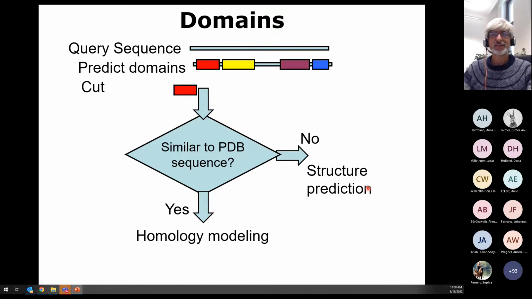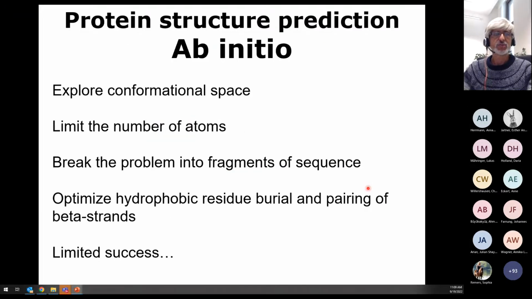And so, to finish this part, structure prediction has a history, and in the beginning it was thought that even in the absence of homologs, we could do it.